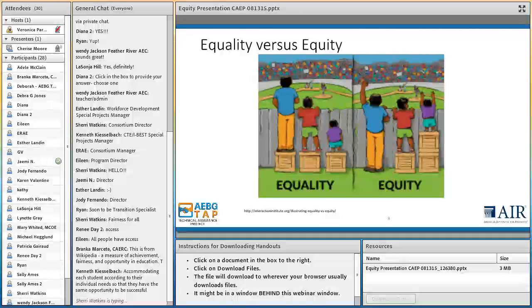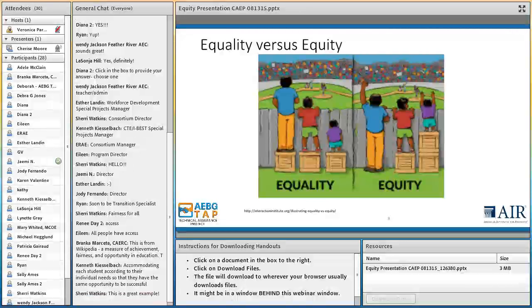On the right side, the equity side, everybody is about the same height and able to see over the fence in the same way, because you've given the one who needed the most a bigger lift. This is one way you can visually think about equity.